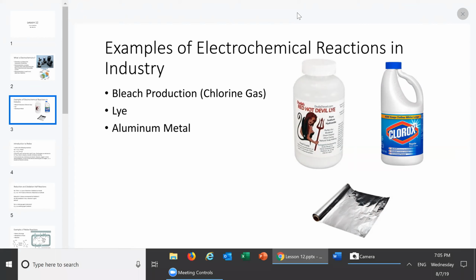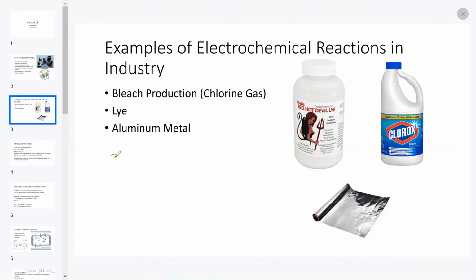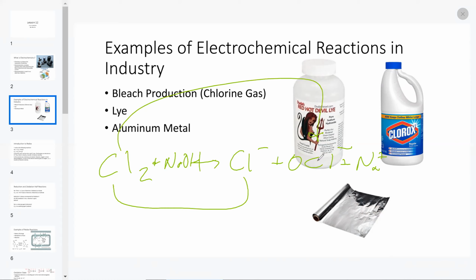The reaction is something like this, and then plus H plus or something. So we have chlorine going to chloride and hypochlorite, and this mixture of chloride and hypochlorite is what's inside of bleach. Bleach is equal parts sodium chloride and sodium hypochlorite.